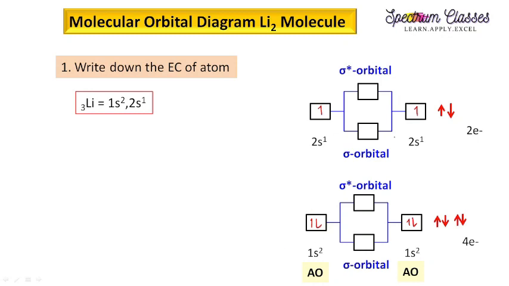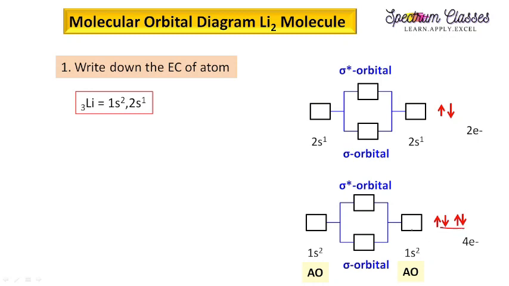So how many electrons are there? Total 6. 4 I have written here, and these 2 I have written here, right? In this manner, I have collected all of these. Just see, all these 6 electrons we have separated at this place, right?